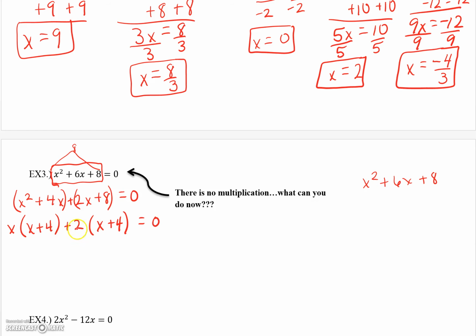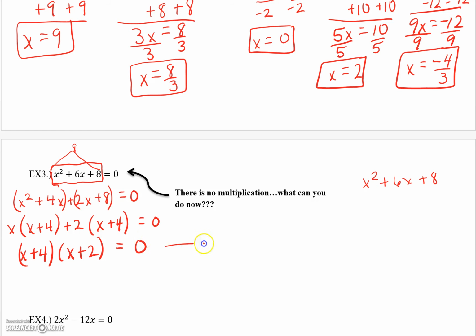Notice both parentheses are the same. If you're doing this and you're not getting that same parenthesis, that's a good sign that you made a mistake somewhere. So they both have an x plus 4 in them, so I'll take that out, and I'm left with that x plus 2, and that equals 0.